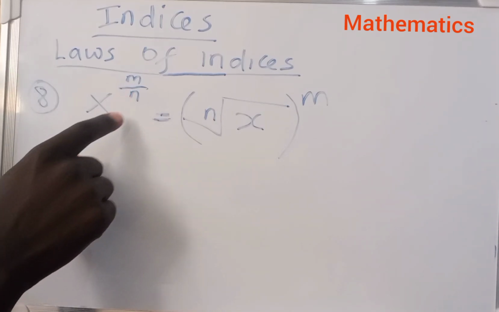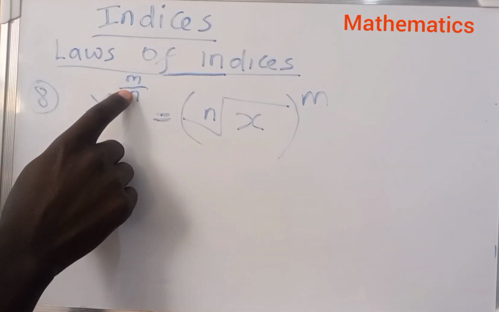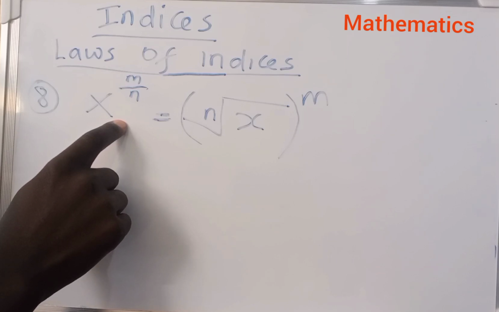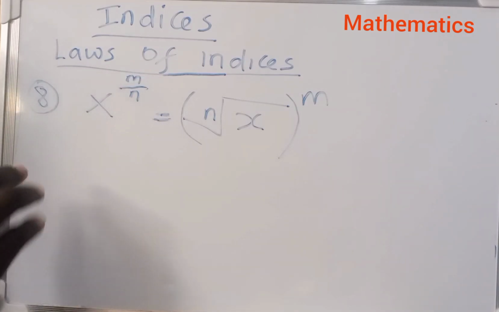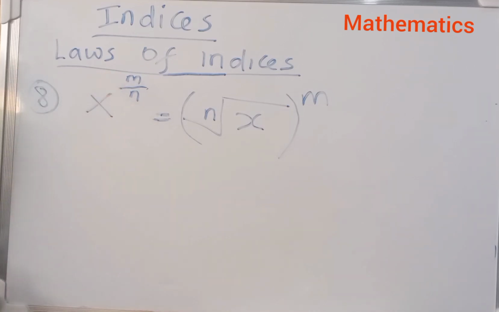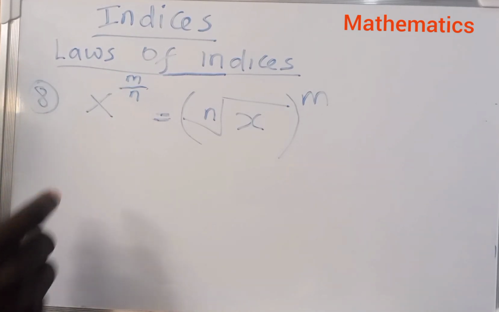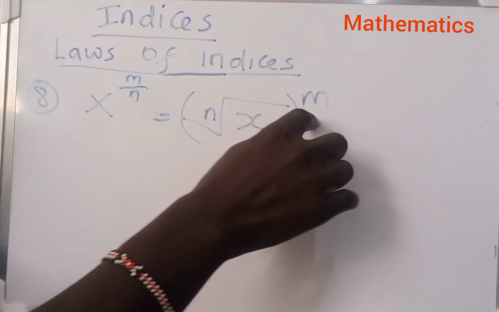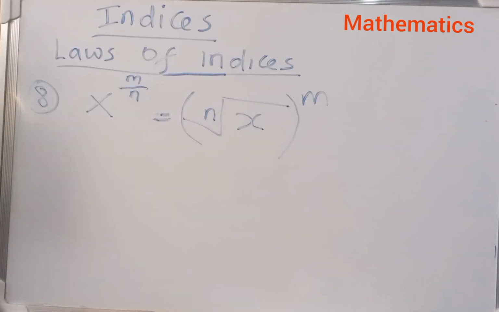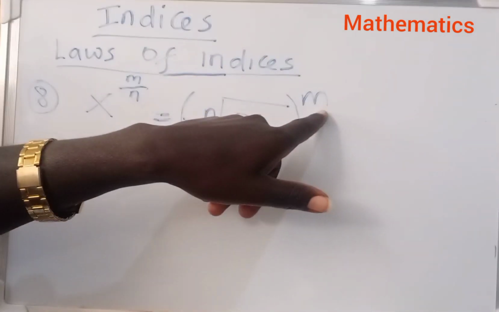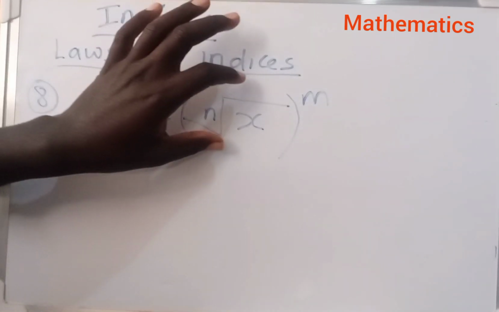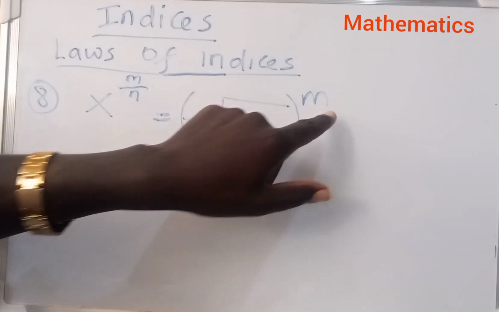If the integer is, maybe, 5, it will be the fifth root of this. Then the power m, which is in the numerator, you raise to m, outside the bracket. After finding this, you raise the whole of it to m.